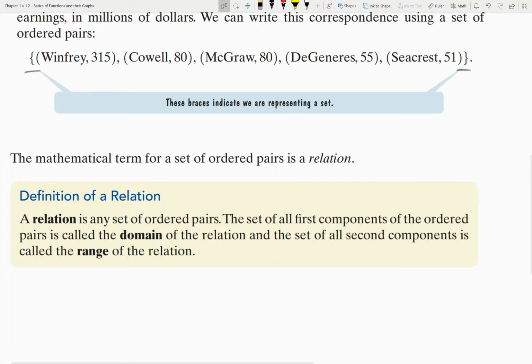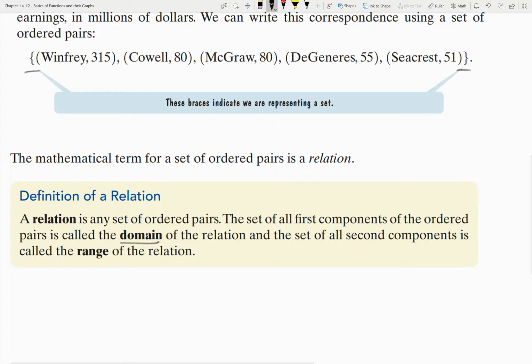Okay? The set of all the first components in the ordered pairs is called the domain. So typically we think of domain as the x variables, which is true in this case, right? Because those are the people that were on the x-axis of my graph above. But it doesn't have to always be that. It could be a letter, it could be a number, it could be a shape, a color, whatever.